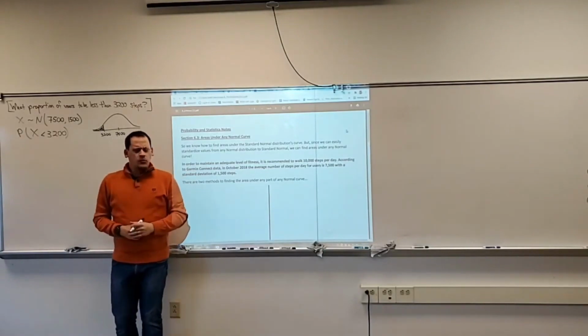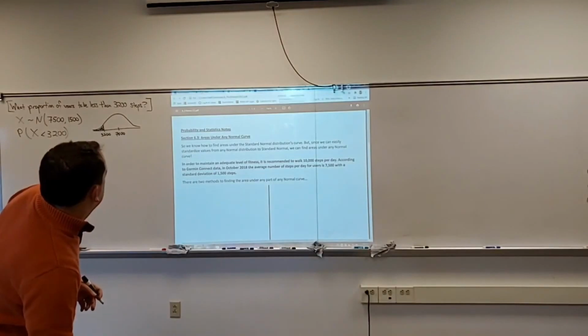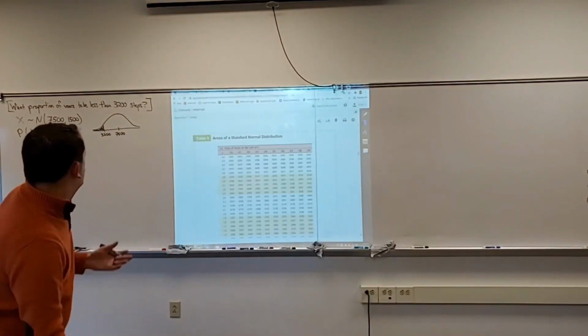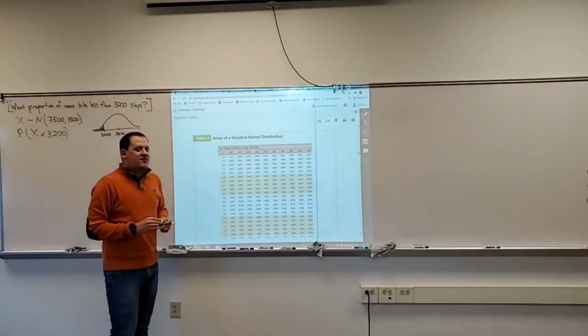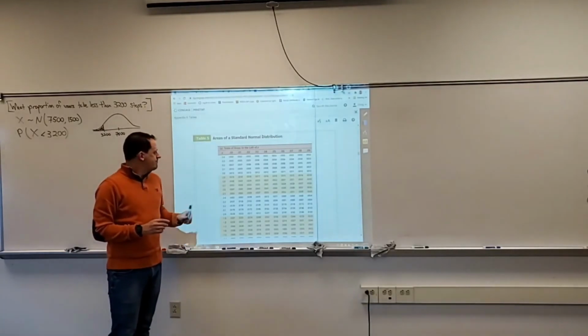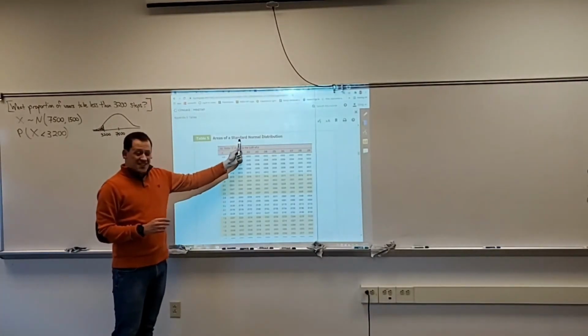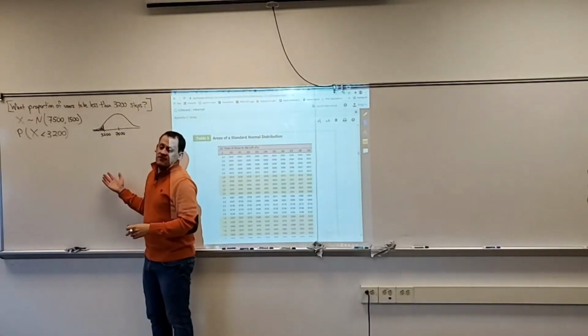And we want to use the table. We may have a slight issue. If we want to use this table, this is for the standard normal distribution. We need z. We don't have that yet.